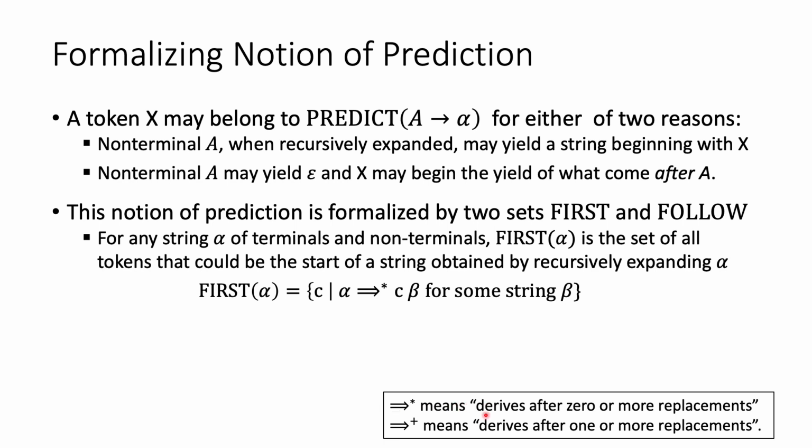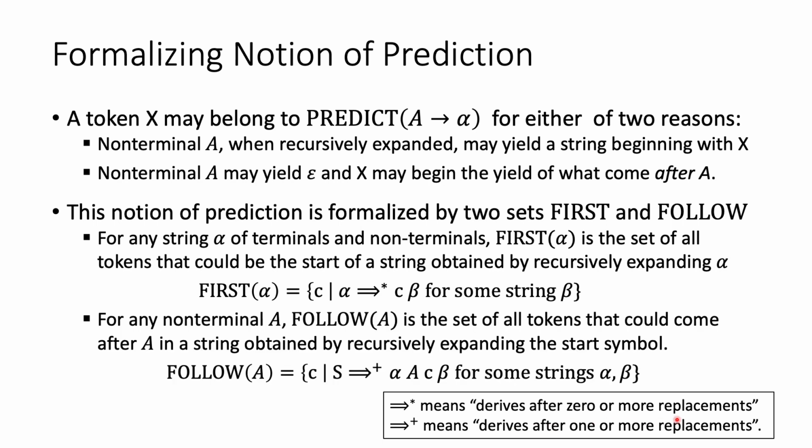Also here we will use a new meta symbol, which is similar to the other one, except that we replace the asterisk with the plus. So this symbol means that derives after 1 or more replacements. So for any non-terminal A, follow of A is the set of all tokens that could come after A in a string obtained by recursively expanding the start symbol of the input grammar.